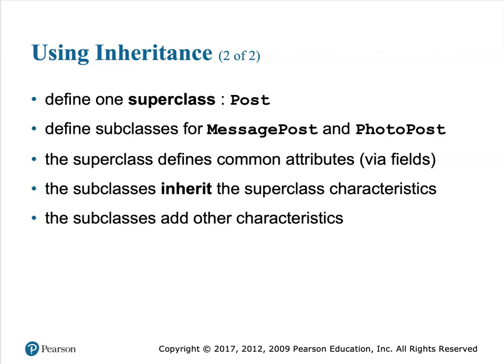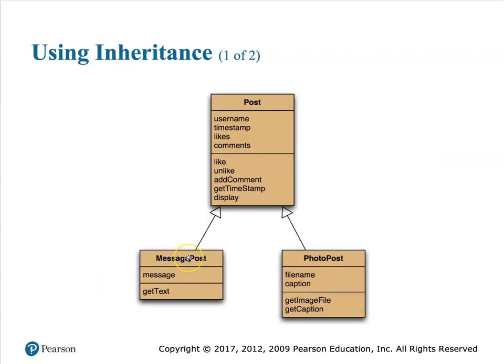The superclass contains all of the common attributes, that is to say, all of the common fields, and the subclasses will inherit those characteristics. This is actually really important. The message post still has a username, timestamp, like, and comment. It has that by being a subclass of post. I just don't need to put that information down here.